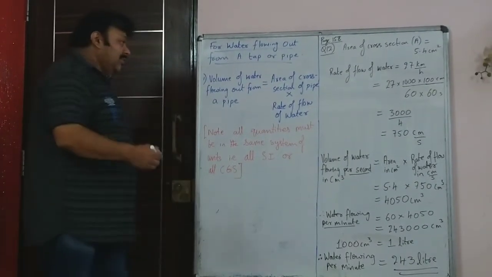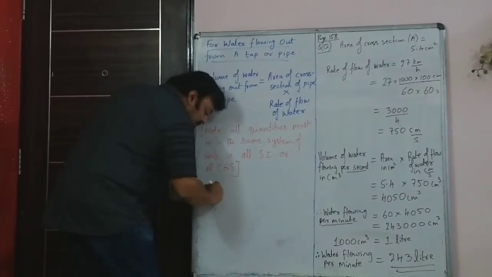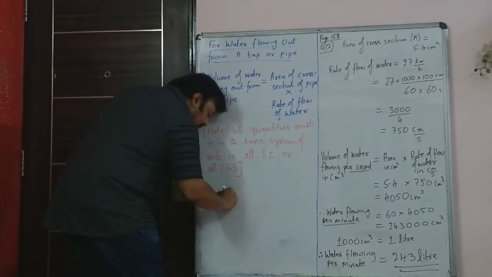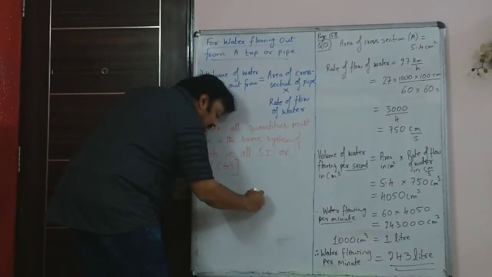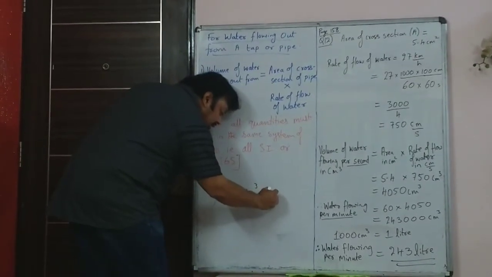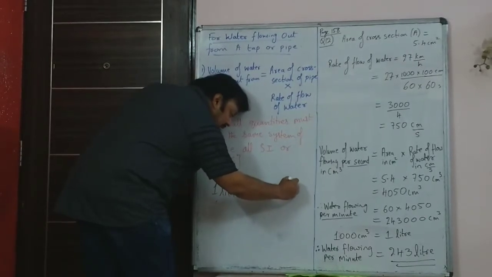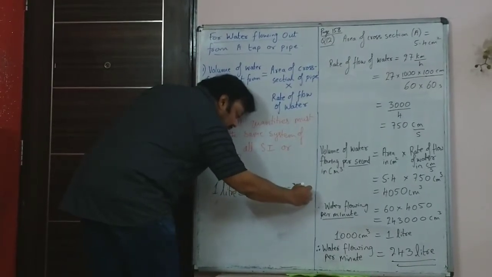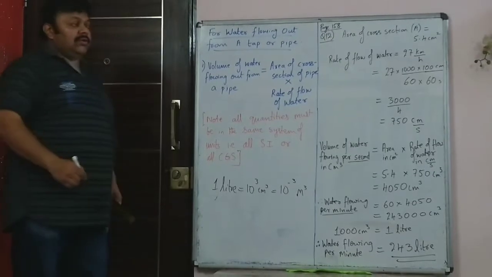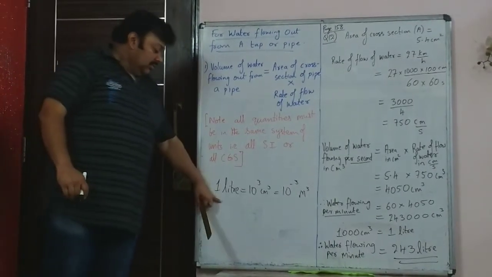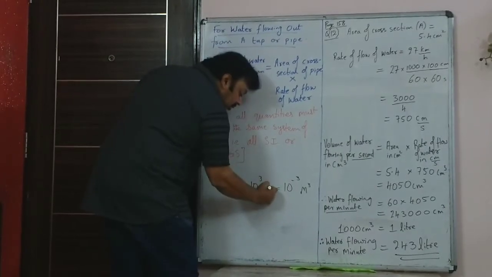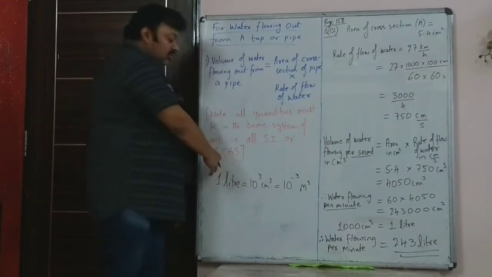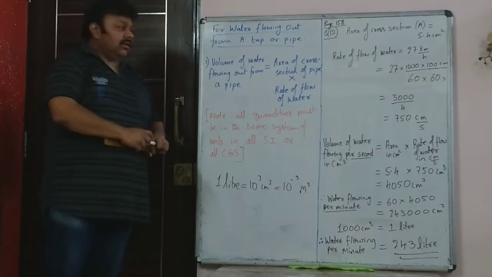So here one more thing you have to remember, which you have already written, is 1 liter is 1000 centimeter cube, 10 raised to 3, which is 10 raised to minus 3 meter cube. So that is another conversion that you have to remember, because sometimes you find the answer in centimeter cube and then you are supposed to convert it into liter.